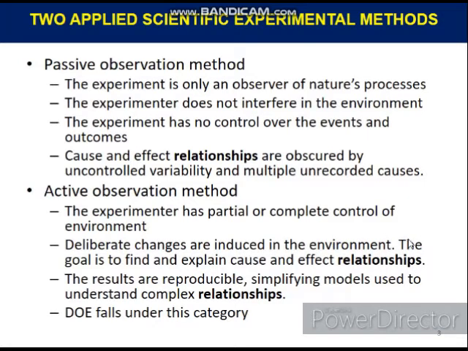You deliberately change the environment, and you're going to explain the cause and effect relationship. The results are reproducible, simplifying models used to understand the complex relationship. So results are reproducible, meaning that you should be able to repeat the same experiment and get the same result. So let's say, for example, today I'm going to run the experiment of baking a cake at different temperatures.